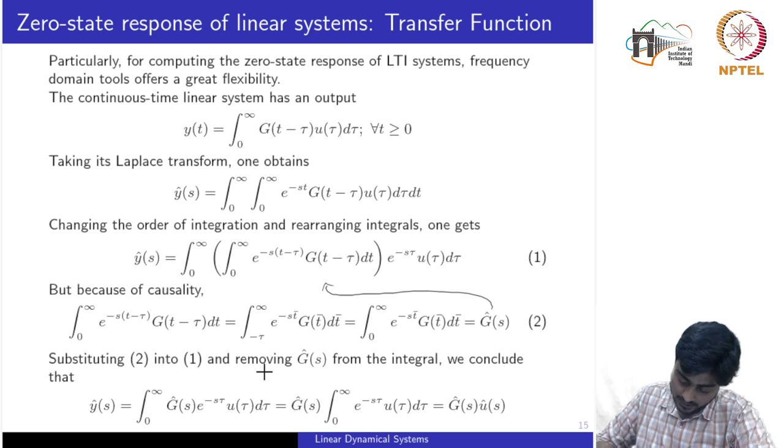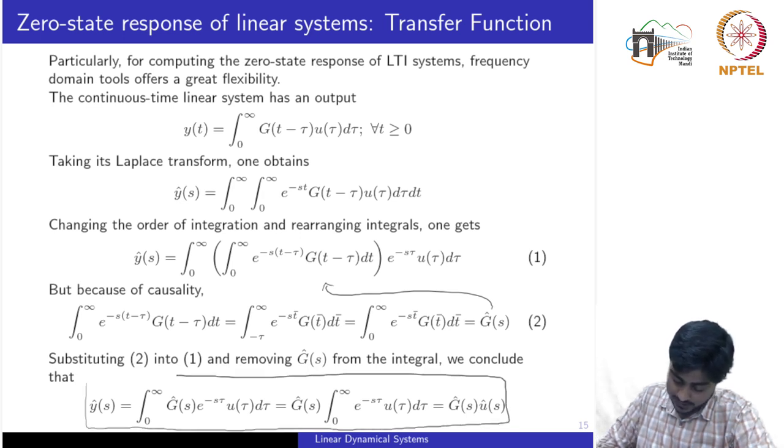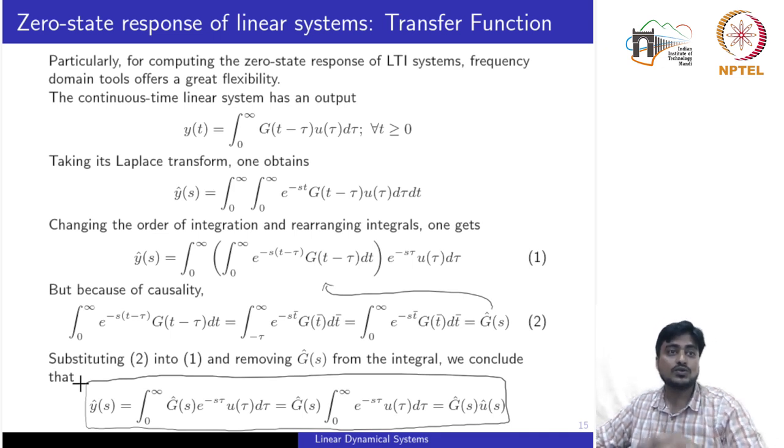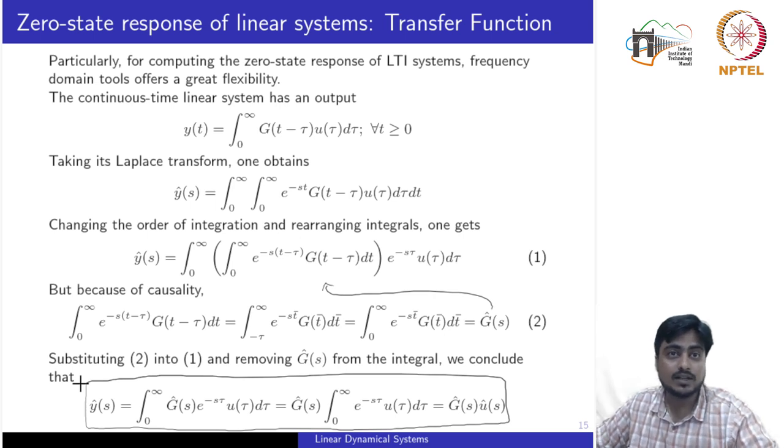So our final equation is that y hat of s in the frequency domain is given by the multiplication of the Laplace transform of the impulse function and the Laplace transform of the input signal. So the convolution in the time domain is transformed into merely a multiplication of the two functions.